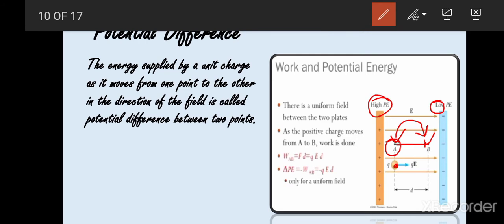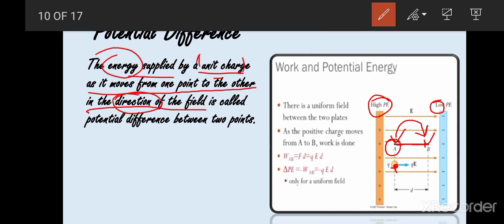It will supply some energy. So the energy supplied by a unit charge as it moves from one point to the other in the direction of the field, as the unit charge is moving in the direction of the field, we can guess that it is a positive charge.